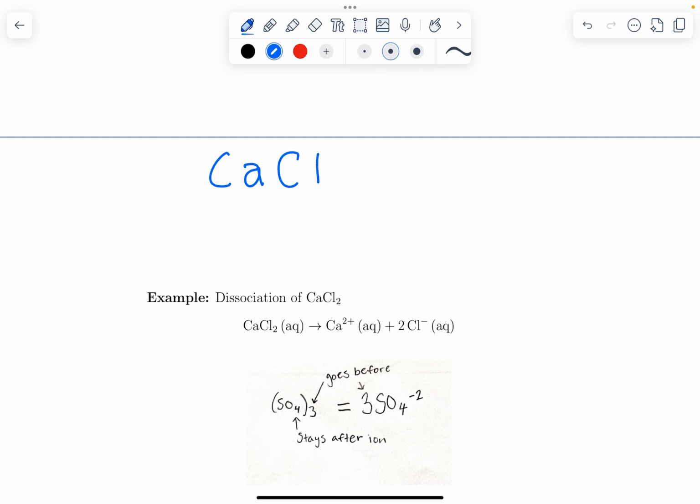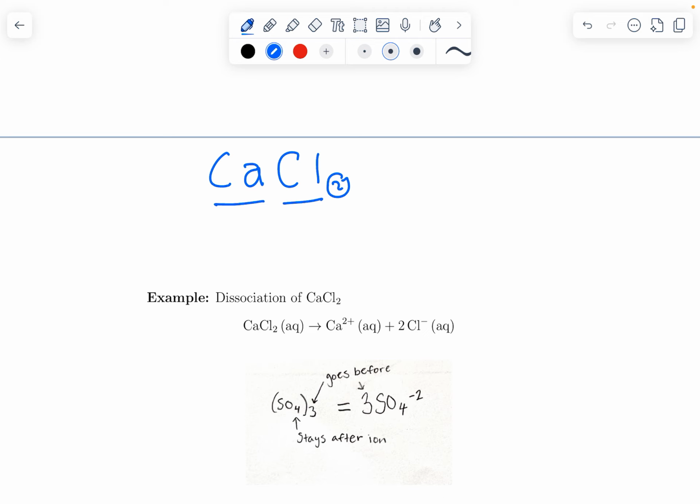If you take this as a solid and put it in water, the metal part, calcium, and the non-metal part, chlorine, splits up. Now, this literally means that for every one calcium, there are 2 chlorine atoms in the crystal. Okay, so that's really important. When you split up, you still have to talk about the ratio of calcium and chlorine in the water for this to be a balanced chemical equation.